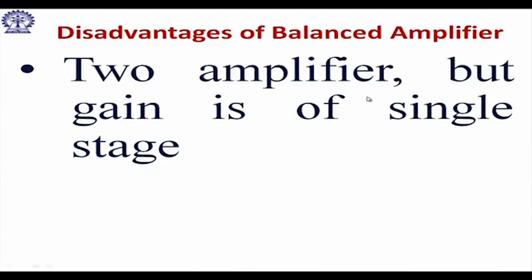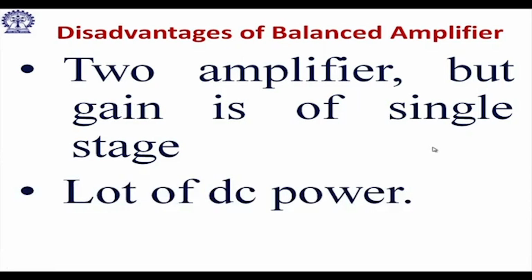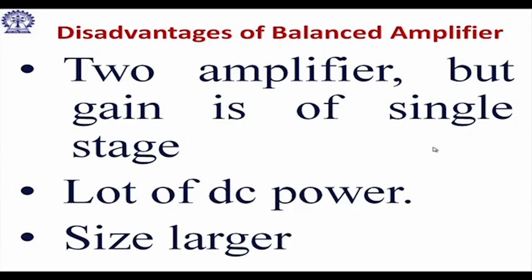Now, disadvantage, as I said, that 2 amplifiers, but gain is of single stage, wastage of DC power, size also is larger because couplers are passive things. So, they become bulky. Completes the broadband amplifier design part. So, you see that with balanced amplifier you can have this, if you can afford the directional coupler thing. Here also this we did not say when we discussed directional couplers.